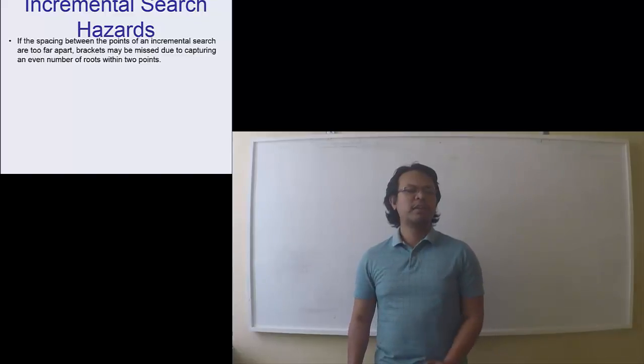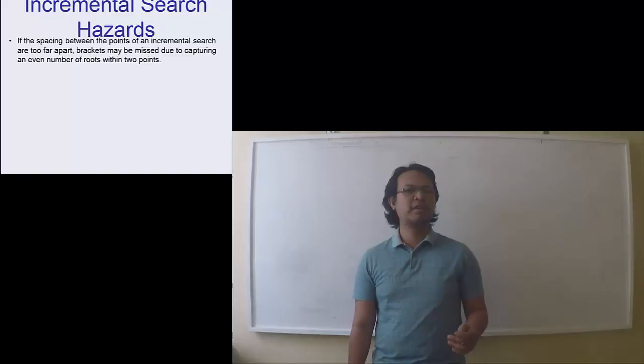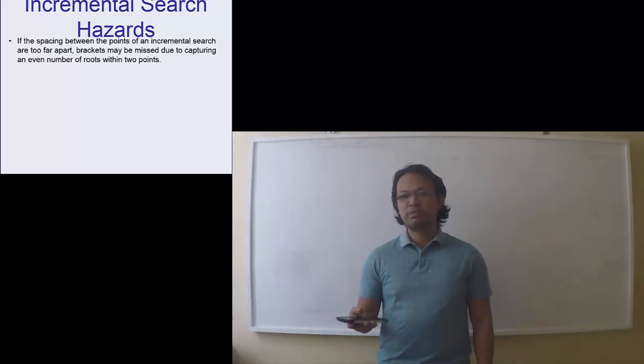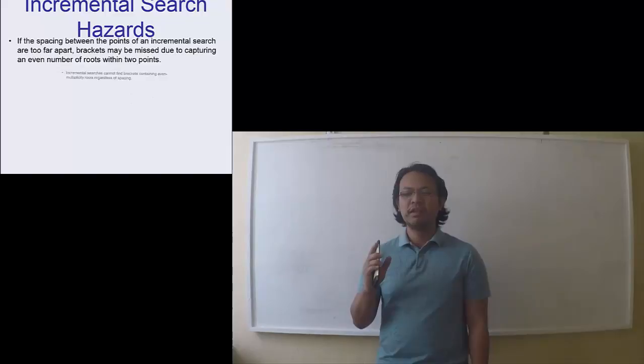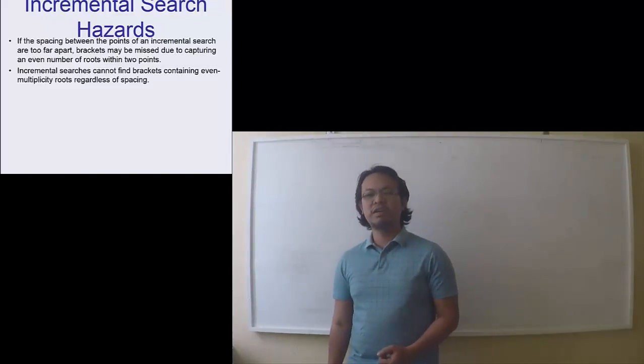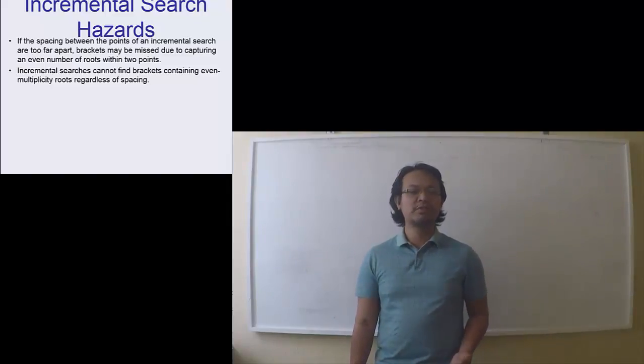If the brackets are too far apart, meaning the brackets are of the same sign, then you cannot capture those two roots or even roots. That's one of the problems of the incremental search method. Another thing is incremental searches cannot find brackets containing even multiplicity roots regardless of spacing.